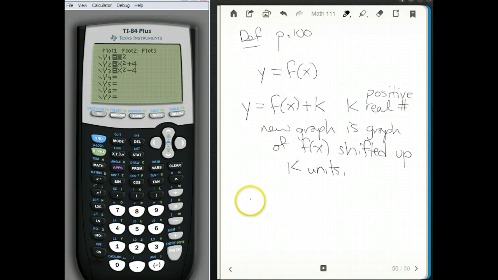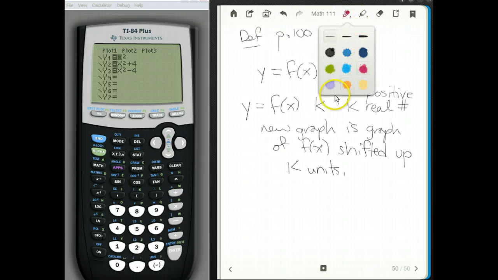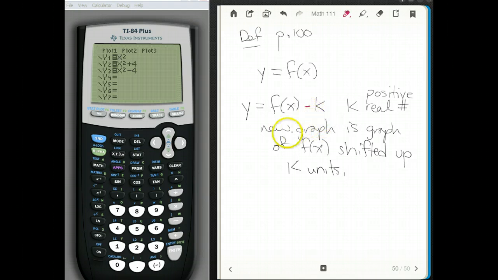Okay, I can do something very similar if I slightly change what is happening here, right? So if, instead of this addition, I make this a subtraction, and I'll make this in a marker color here. Now, instead of being shifted up, my new graph would be shifted down.